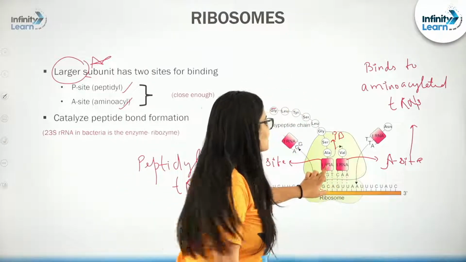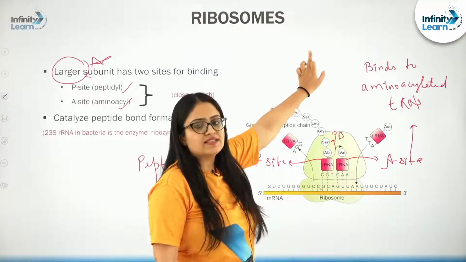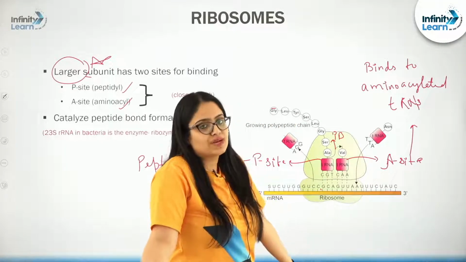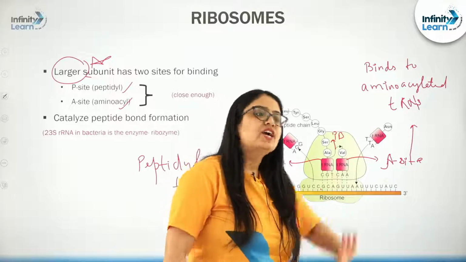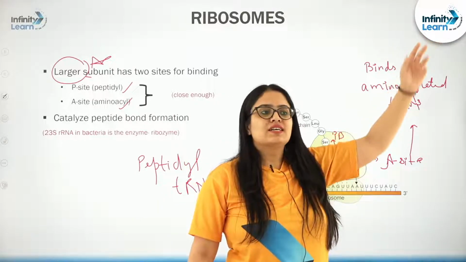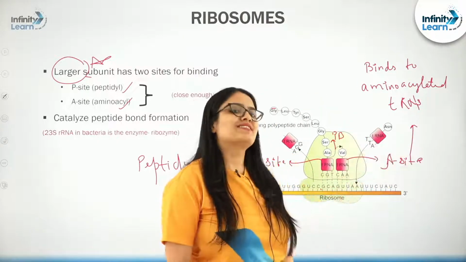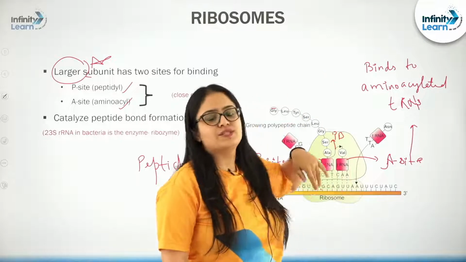And from this P site, the tRNA will exit. Which tRNA? The one that has already delivered its respective amino acid will exit from the P site, in order to get charged again with its respective amino acid and circle again to do this activity all over again.